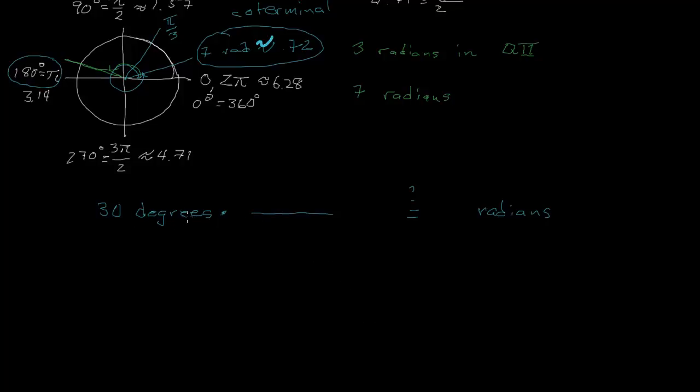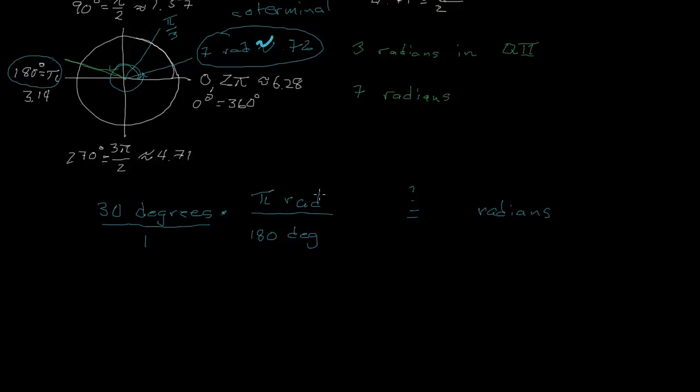Now I need to get rid of degrees, so think of this as being over 1. And I've got 180 degrees here, and that's equal to pi radians. So multiplying 30 degrees by pi radians over 180, I'm not changing the value, this is 1.